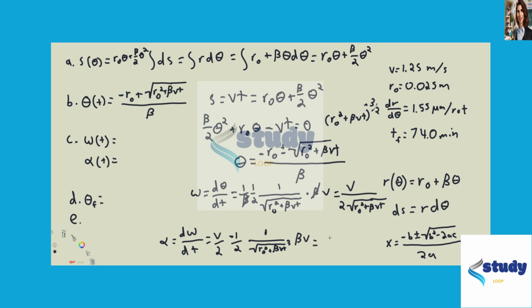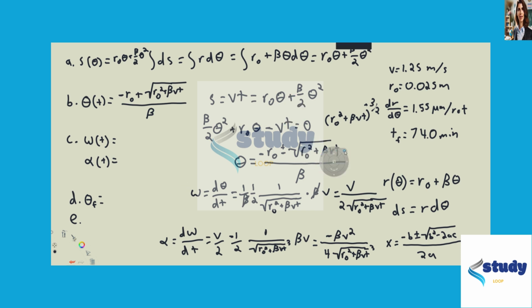So consolidating that down, we will get minus beta v squared over 4 times the square root of r0 squared plus beta vt to the 3rd. So those are our 2 answers.